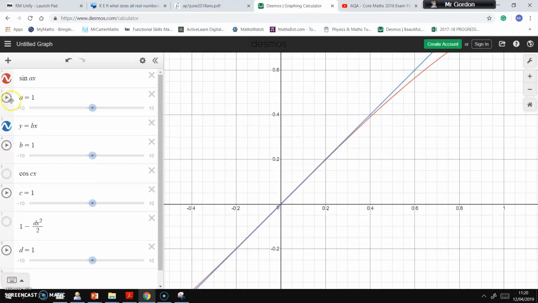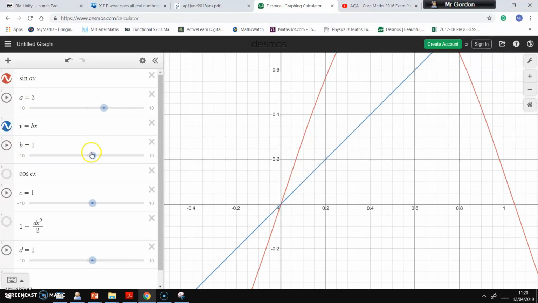But in our question, we didn't have sine x, we had sine 3x. If I change that a, the number in front of x, to a 3, can you see what's going to happen to the sine curve? This approximation no longer works. It's nothing like each other. So we have to find out what y equals what is going to be approximately the same as sine of 3x.